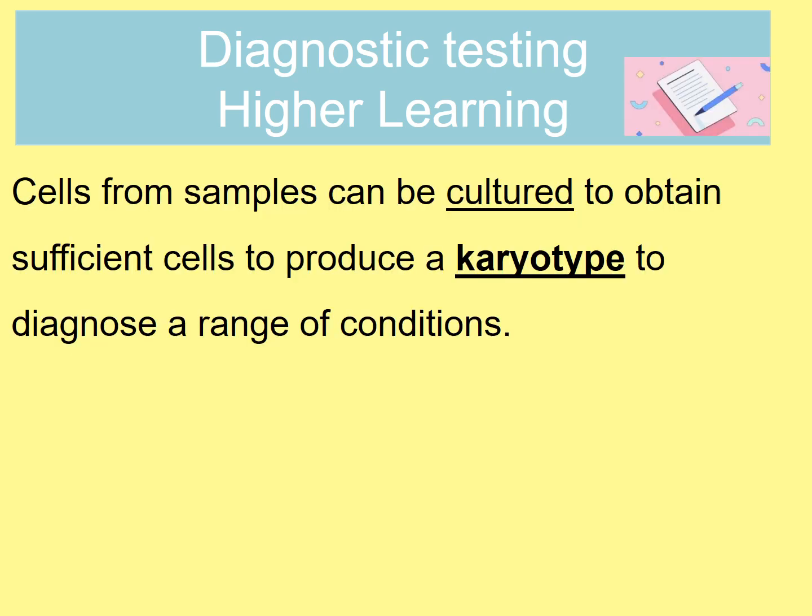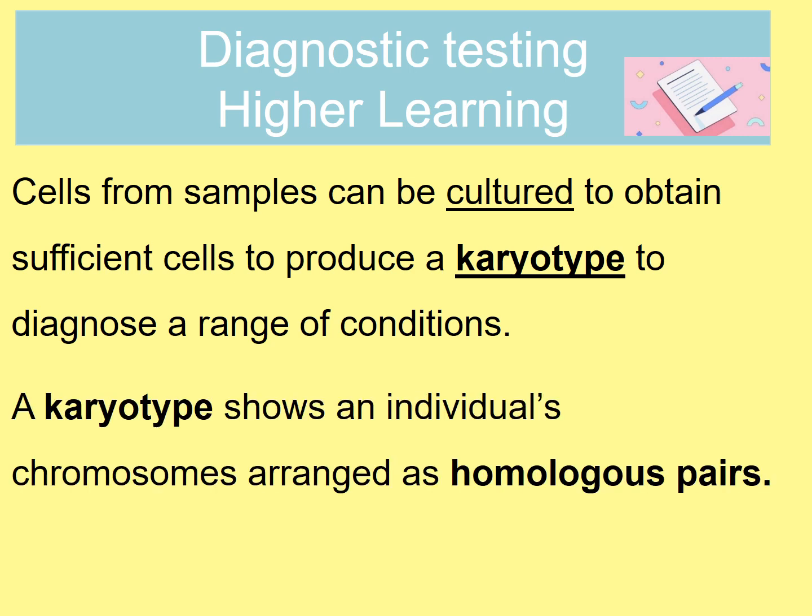For your own personal notes, cells from samples can be cultured to obtain sufficient cells to produce a karyotype to diagnose a range of conditions. A karyotype shows an individual's chromosomes arranged as homologous pairs.